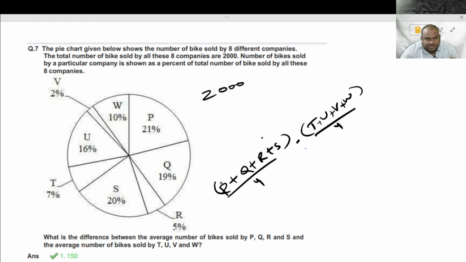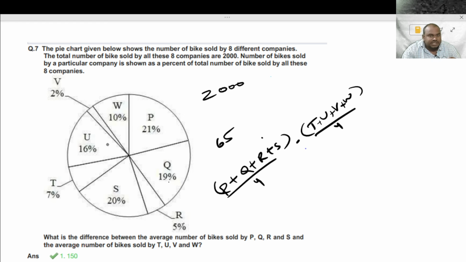But see, we can do it in a normal way also. So we'll just add PQRS. 21 added to 19, it is 40. 40 added to R, 45. 45 added to 20, 65. Till this 65, you got; no need to divide by 4 right now.